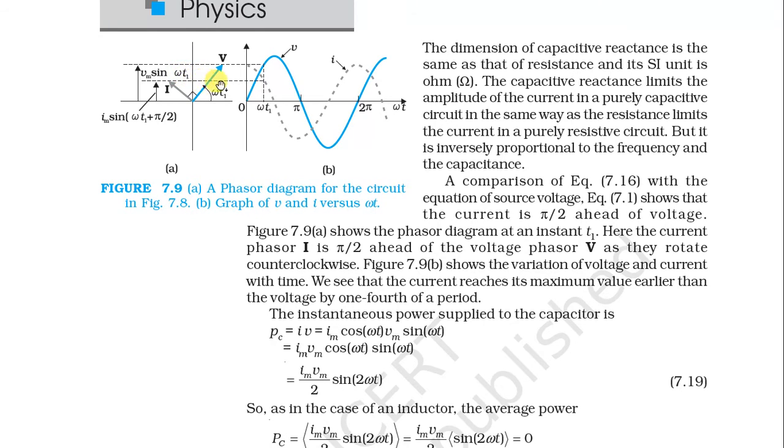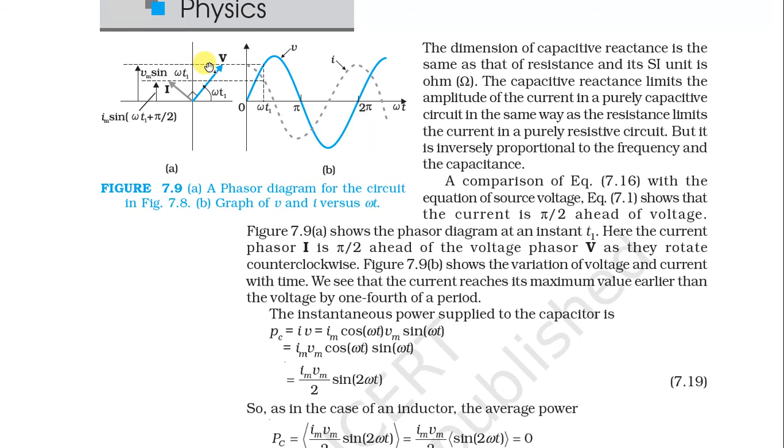Suppose we have the voltage at the angle omega t, and whenever we add pi by 2, it is represented here. So this is Vm sin omega t, and this is Im sin omega t plus pi by 2.